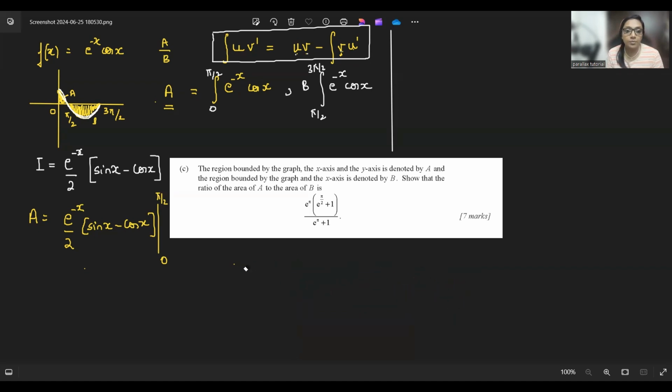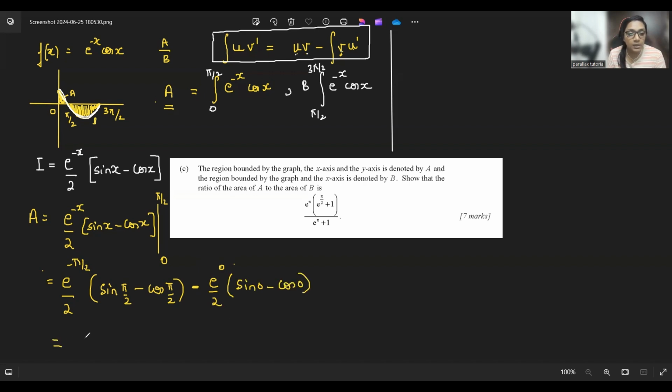We put down the limits the way it is. Let's put down pi by 2 first. So e to the power minus pi by 2. There's a 2 here. We are left with sine pi by 2 minus cos pi by 2. Minus e to the power 0 by 2, and we get sine 0 minus cos 0.